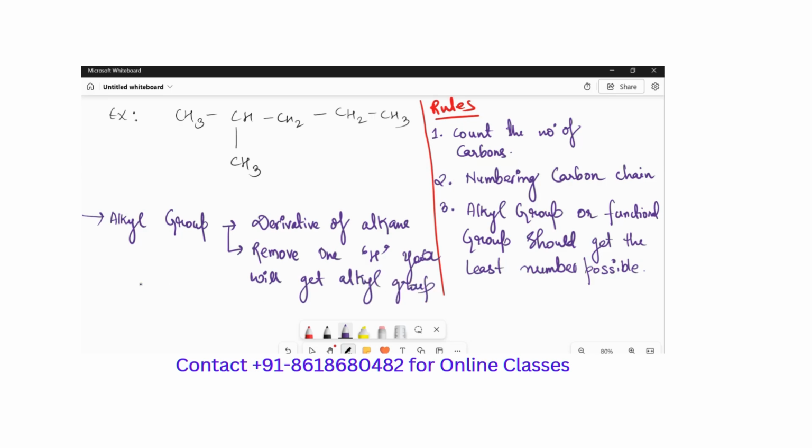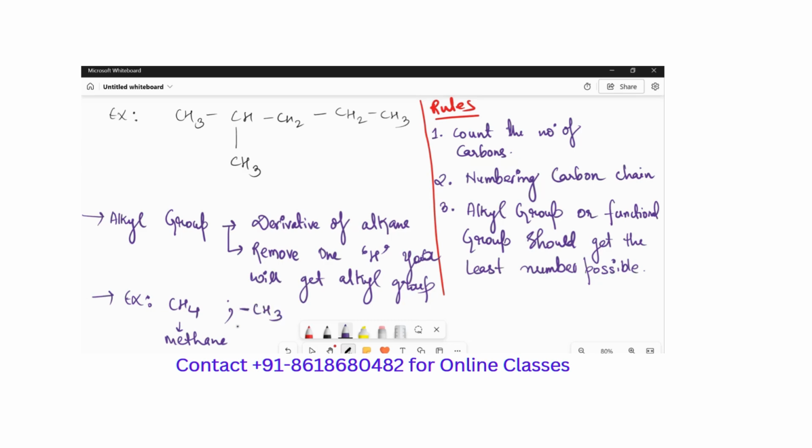So generally, how do we write methane? CH4. So if we write methane as CH4, this is methane. For making this into an alkyl group, you can just write CH3 with a dash like this.